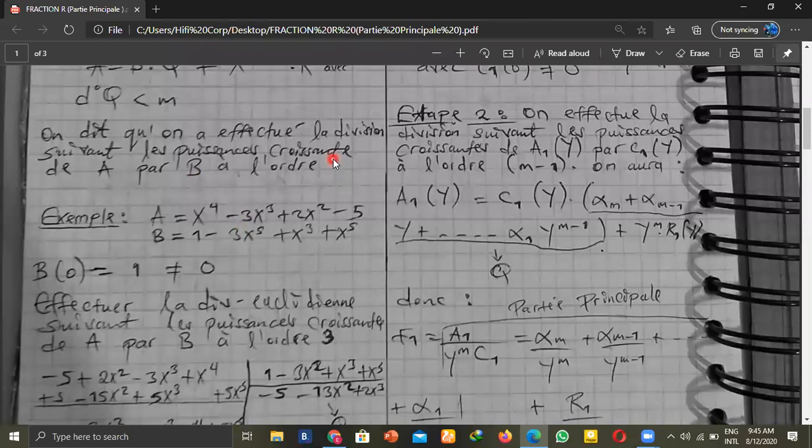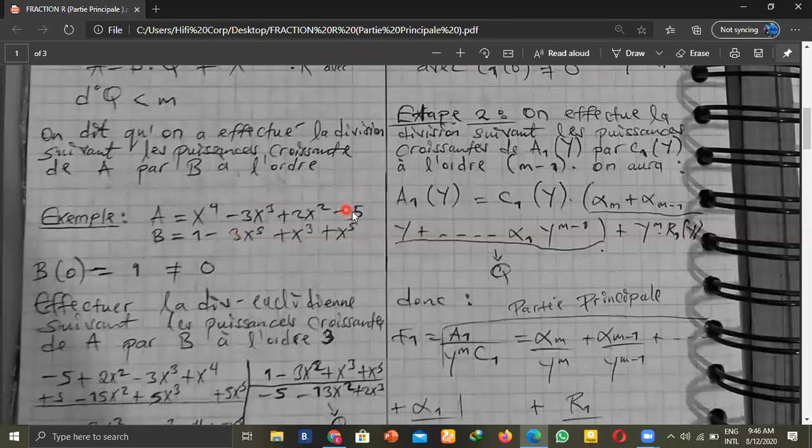What does croissant mean? Increasing. Décroissant is decreasing. So when you say a polynomial is in increasing powers, it means its powers are increasing. This is décroissant because the powers are reducing.